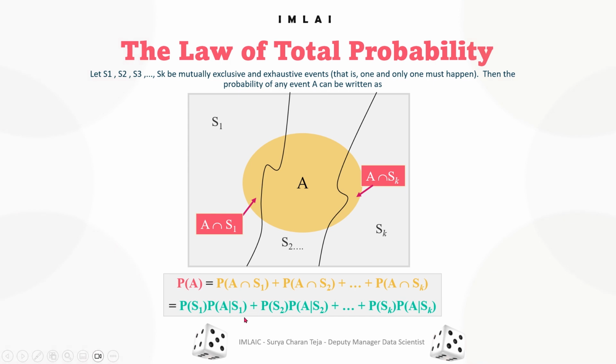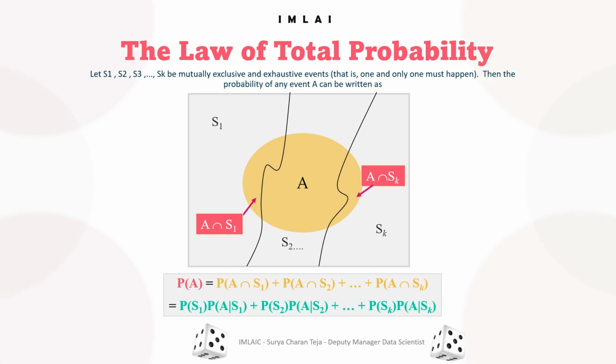So here probability of A given S1 is the conditional probability of A given S1, and probability of S1 is the probability of S1.